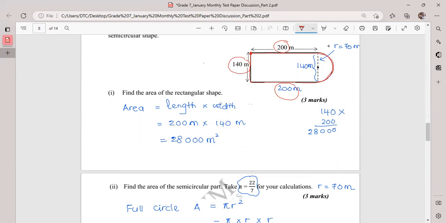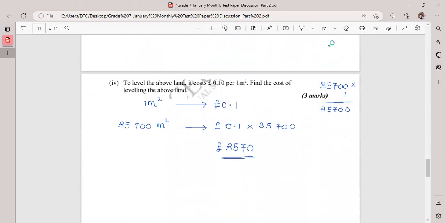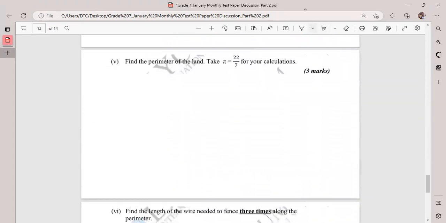This we will take as X, right? So then how do we find the perimeter of this shape? This is how you can write it, children. I can write the perimeter of the land.